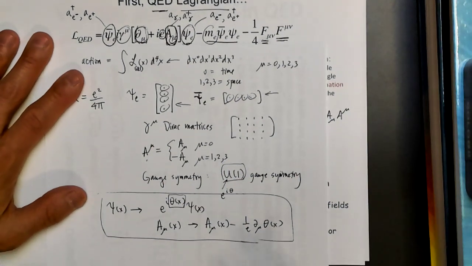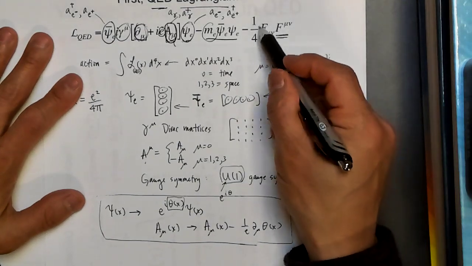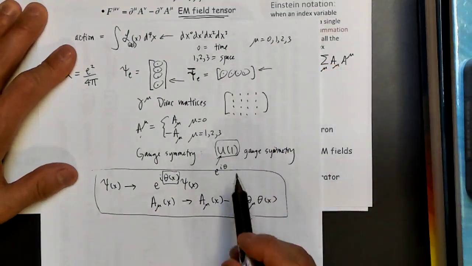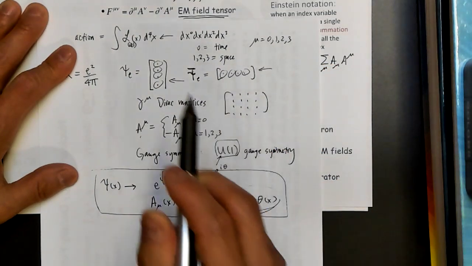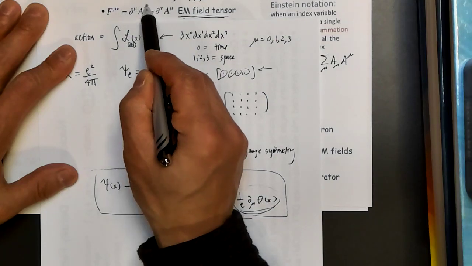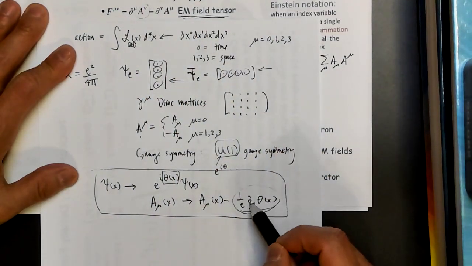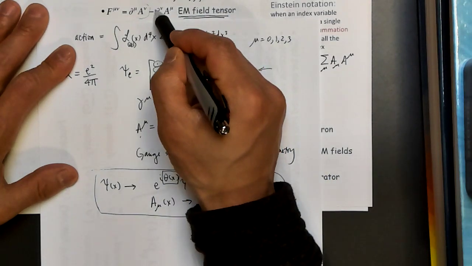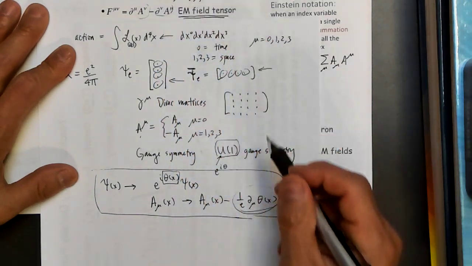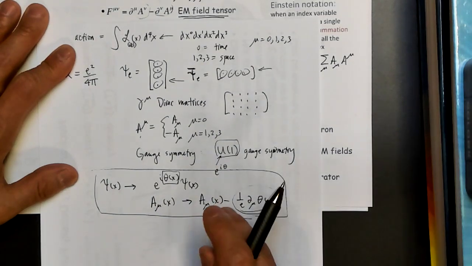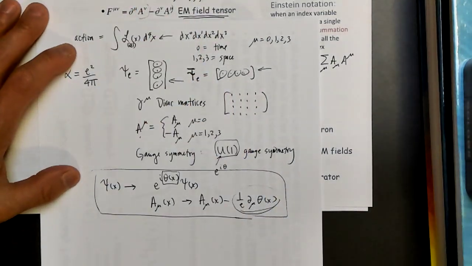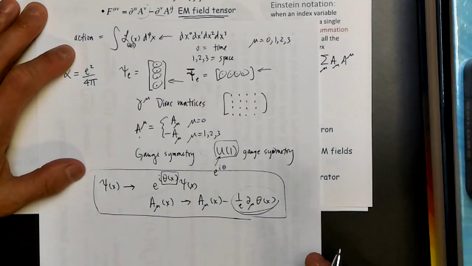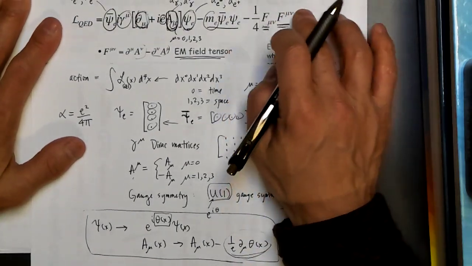Okay, notice, for example, that the field strength tensors F mu nu, under this transformation, these terms that you get, I will have a d mu acting on d nu of theta, but then I look over here, I will have a d nu acting on d mu of theta, but there's a relative minus sign between the two, and you'll see that F mu nu will not change under this gauge transformation, and so this term will also be invariant.